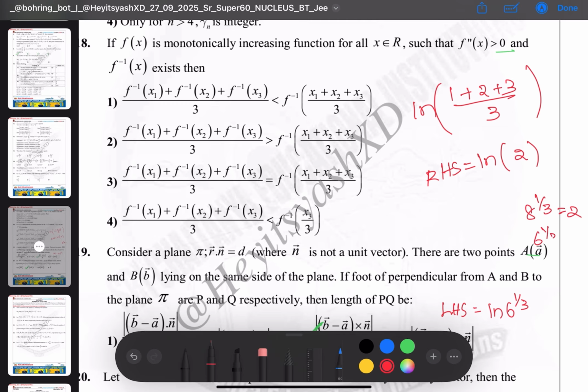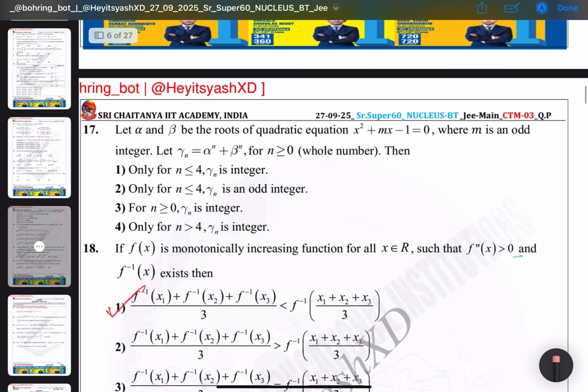So 6 to the power 1 by 3 is 1 point something. So this is ln 1.67 whatever, something like that, and this is ln2. So RHS is greater. So LHS is less than RHS. So this is your answer. Doing these questions under the time pressure is very difficult.